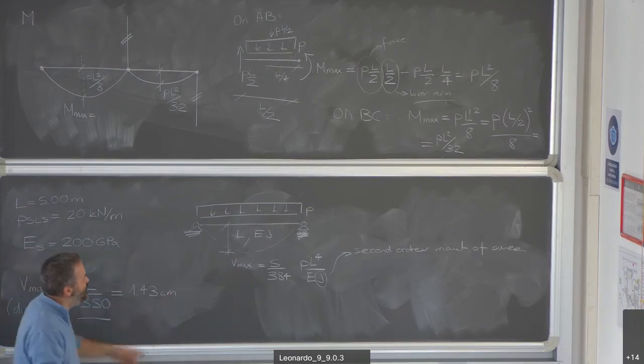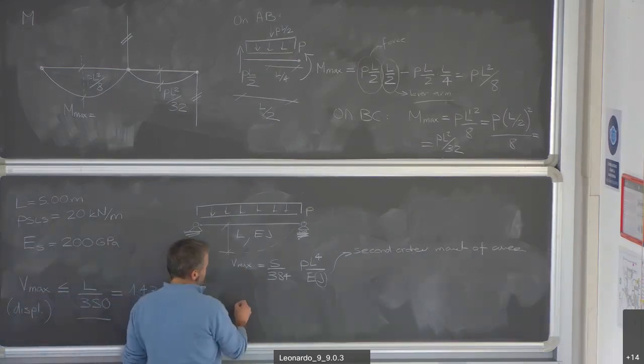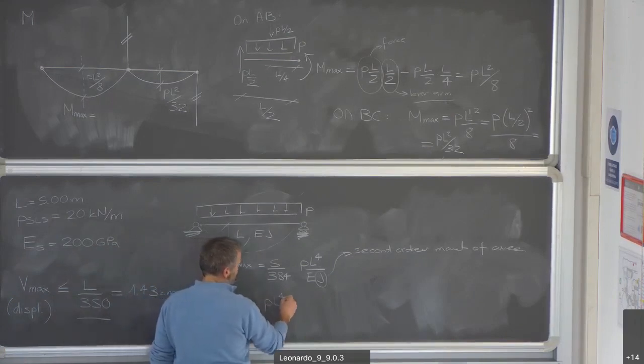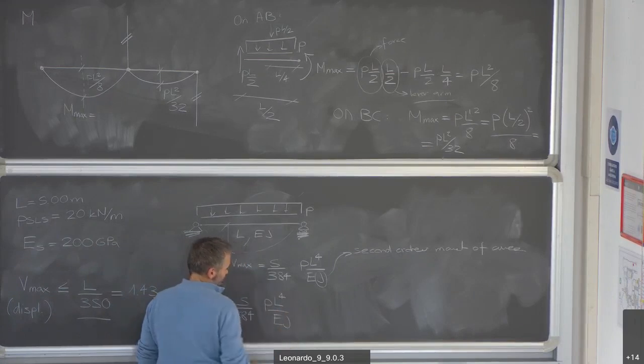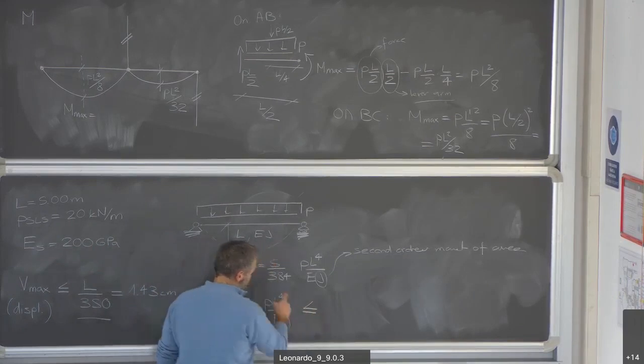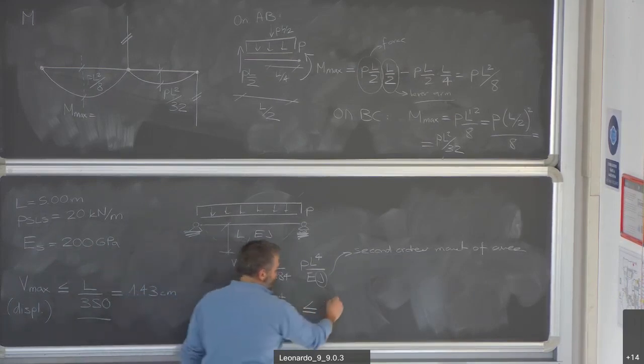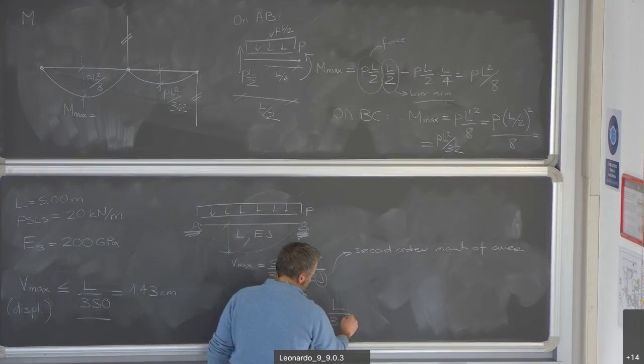How? If my displacement under the applied load is this, I need to make sure that this number is lower than what? L divided by 350.